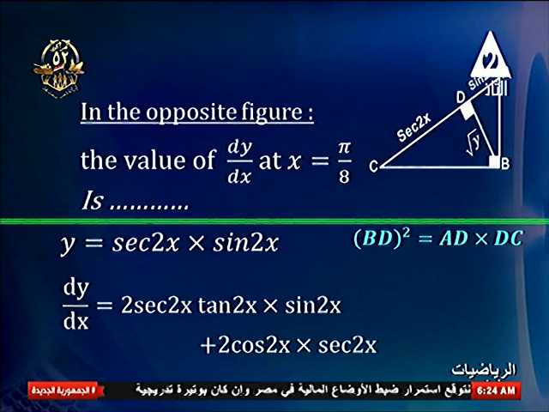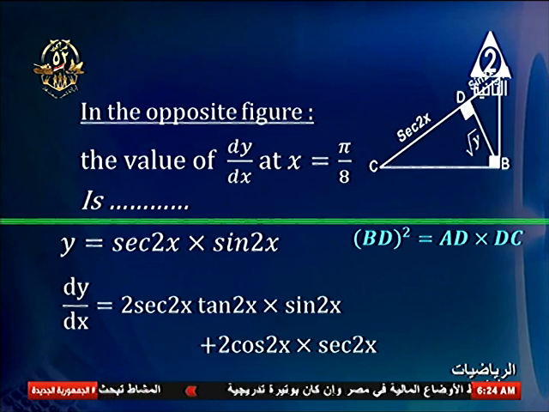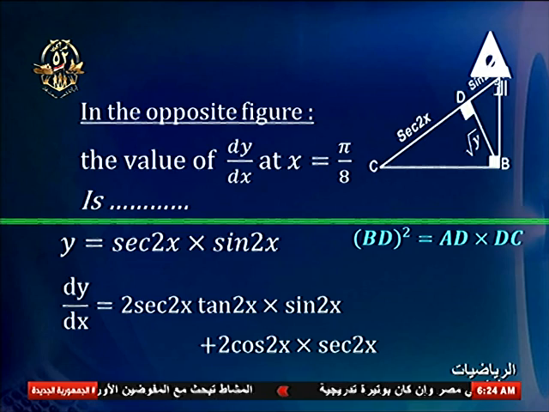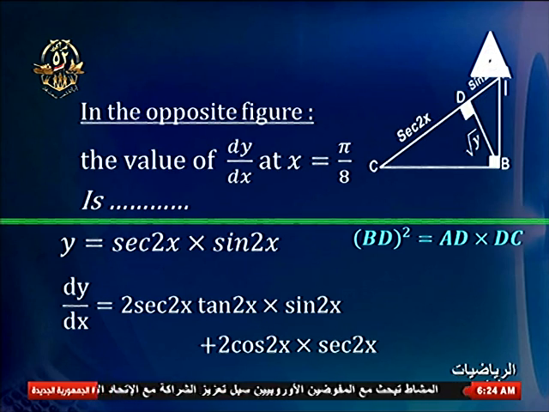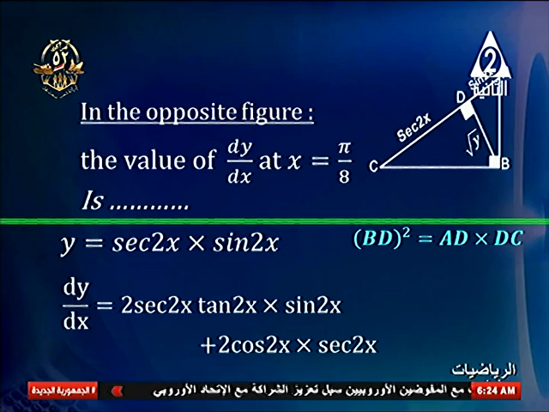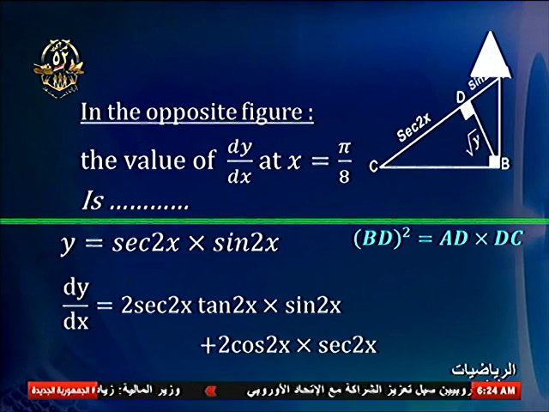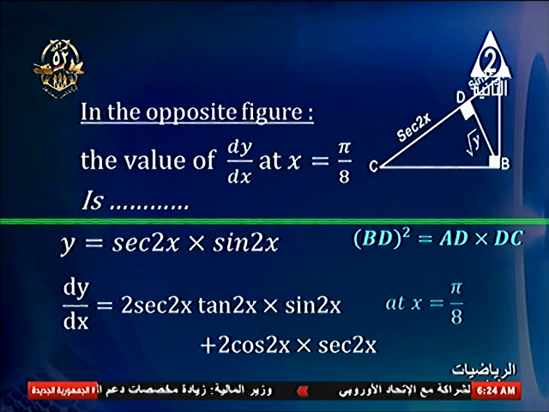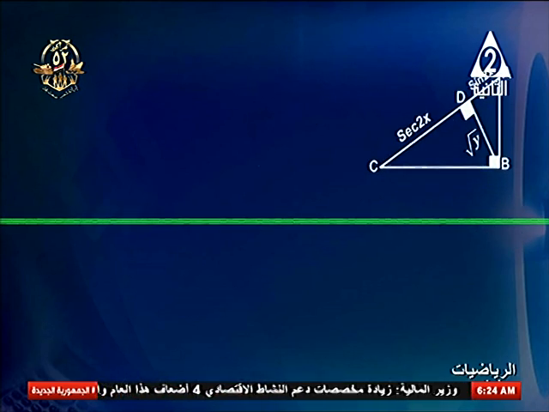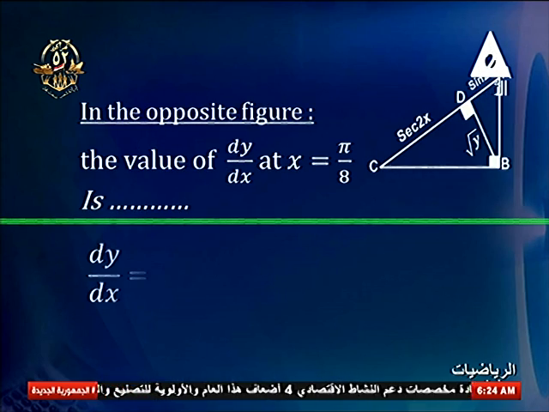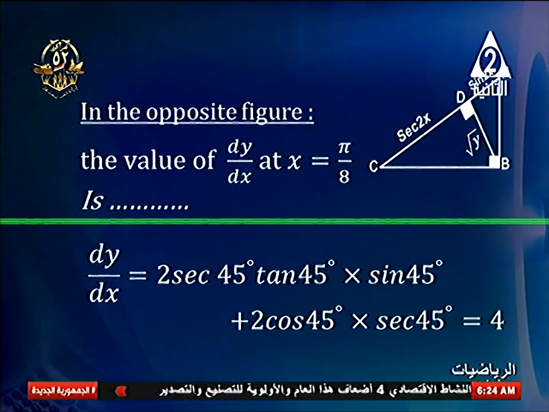Look, someone may say we have two functions, so first derivative second plus second derivative first. It is correct. When x equals pi over 8, by substitution, the answer is 4.